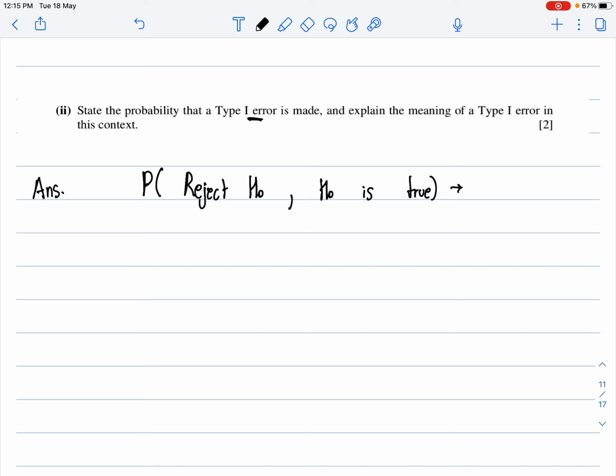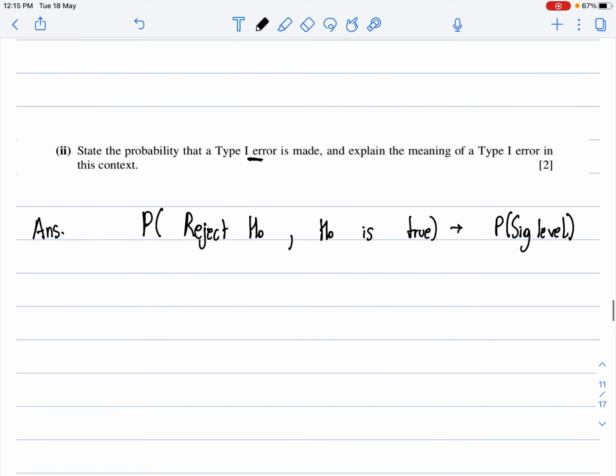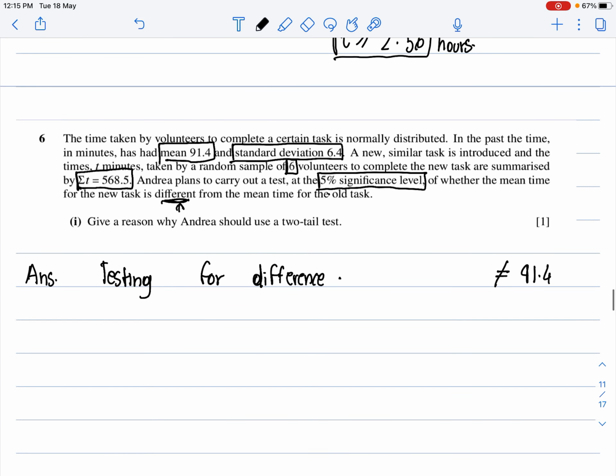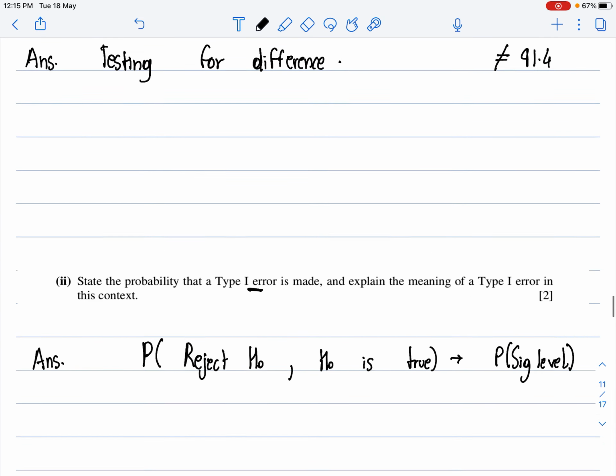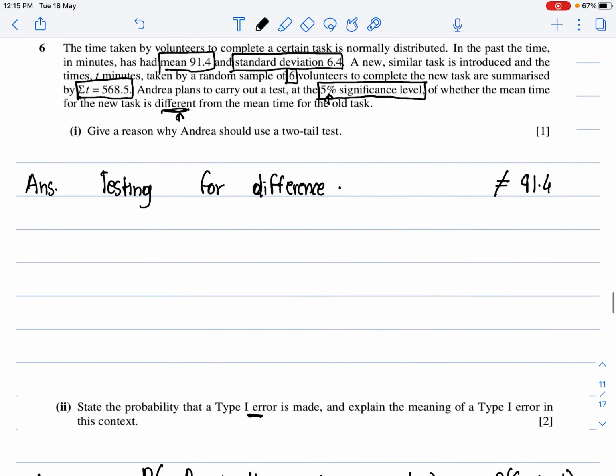In simple terms, it is the probability of the significance level, because that's the area of your rejection. The significance level they have given us is 5%, which in probability can be written as 0.05.